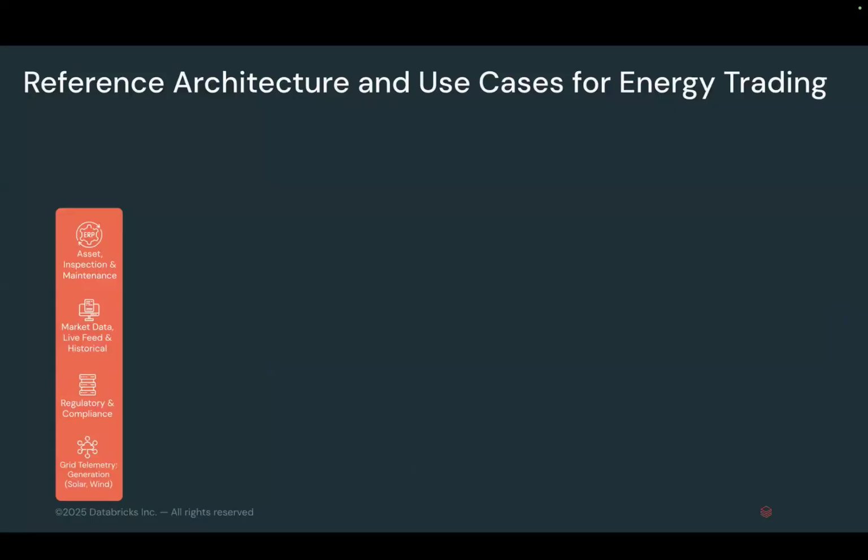If you look at the energy market industry, as an energy trader, you will be getting insights and different information from different systems. This could start with asset inspection data or maintenance data, and also market feeds, so getting real-time price insights, market signals for your futures, options, and commodity contracts, and also regulatory compliance, which is an important aspect of the energy trading industry, and grid data.